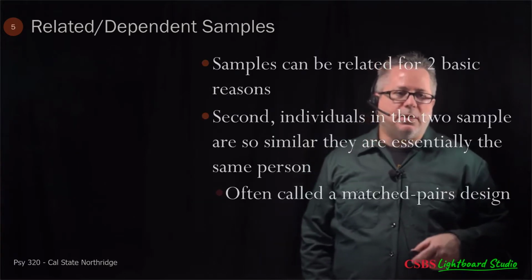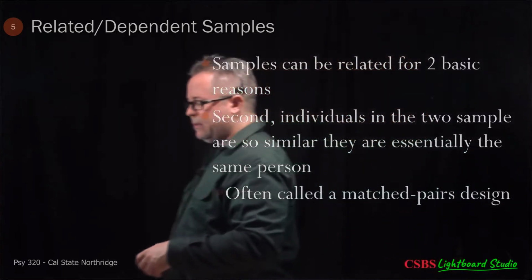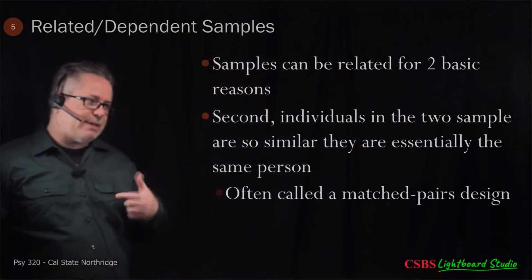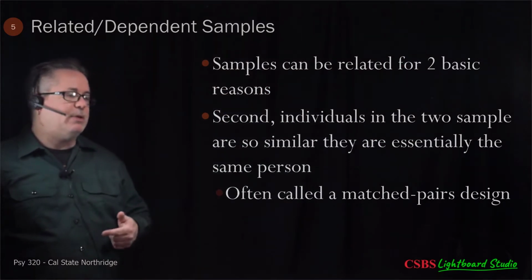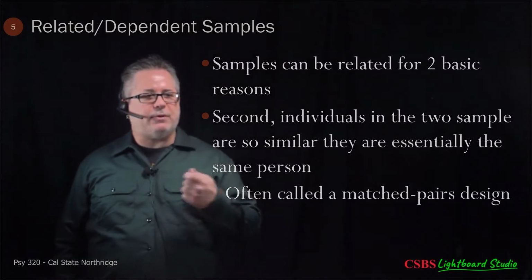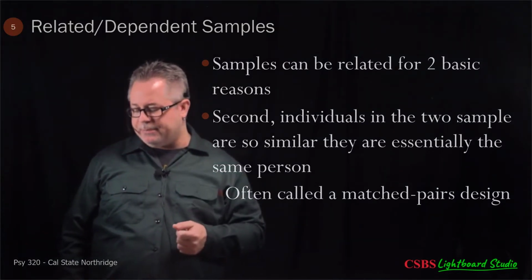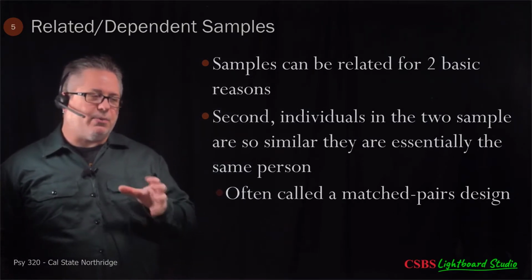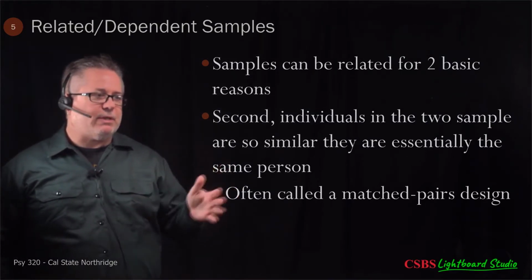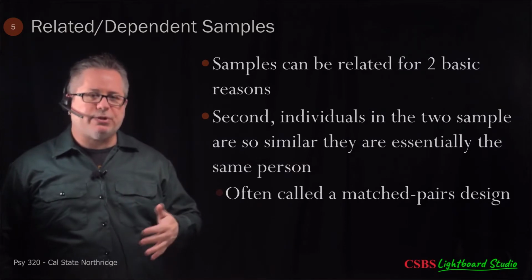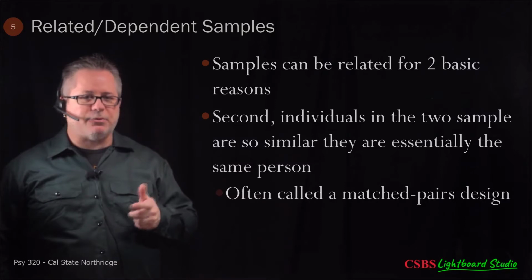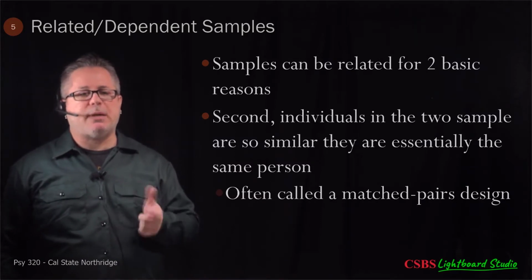So the second reason is that we can sometimes take people and match them, which means we have to find qualities other than the thing we're testing them on, like age, education, gender, any number of things we can match them on to find people who are as similar as possible.